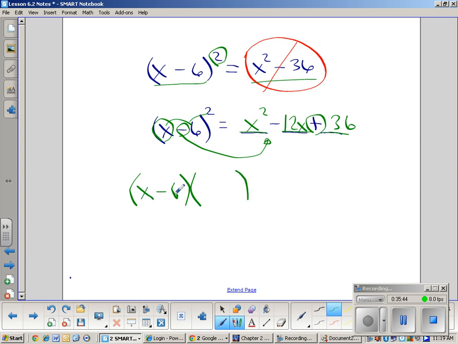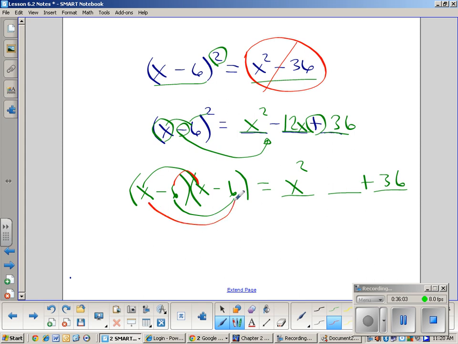Now let me show you why, even though some of you may already know. If I write it this way, x times x is x squared. Negative 6 times negative 6 is plus 36. And these two are my inner two in FOIL, and these two are my outer two in FOIL. For the inner two, I get negative 6x, and for the outer two, I get negative 6x.